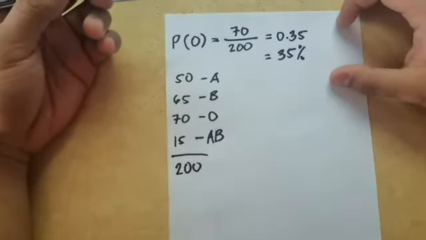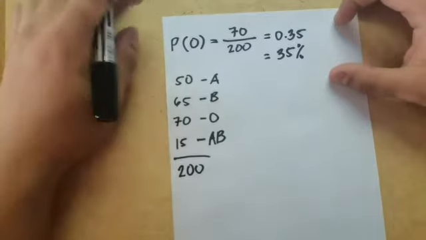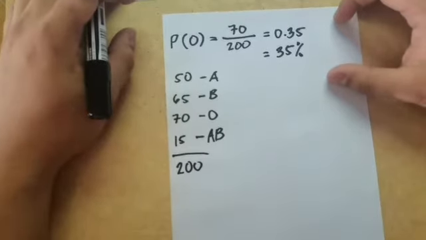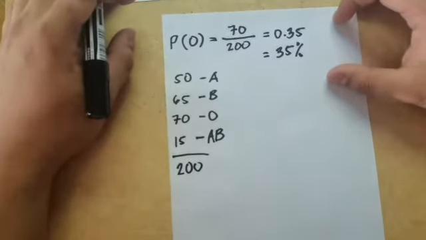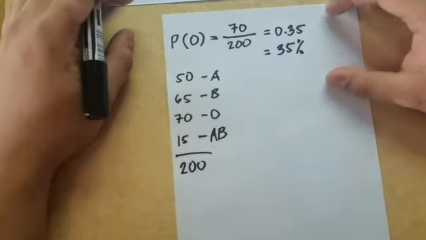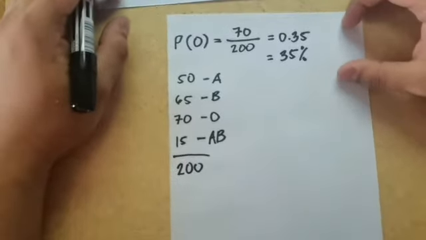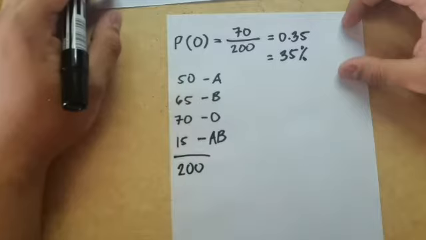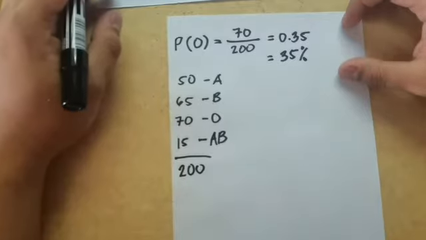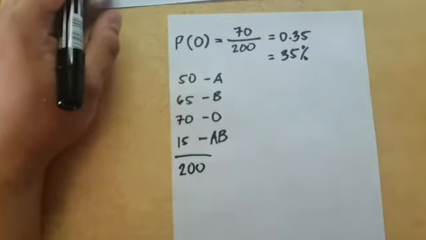So this means that if you pick a random person from the group of 200 people, there is a 35% chance that that person will have blood type O. Next question.